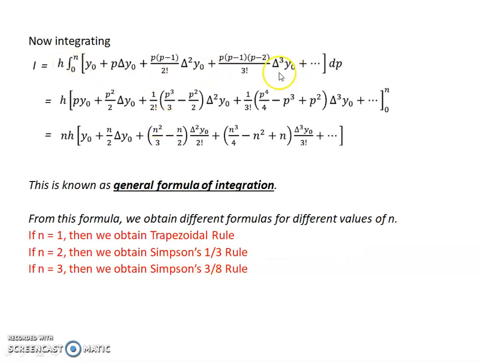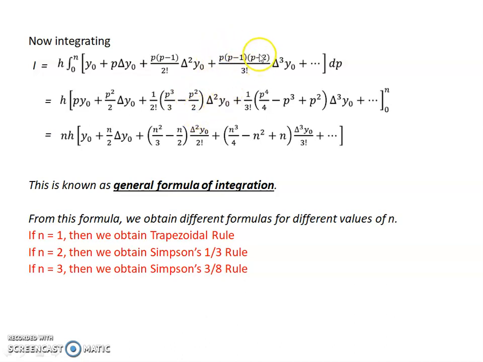Now integrating this with respect to p, here we have y0 as a constant, del y0 as a constant, del square y0 as a constant. So once we integrate this, y0 becomes y0 p. Similarly, integrating this, we have p square by 2 del y0. If we integrate the third term, we have 1 divided by factorial 2, p cube divided by 3 minus p square divided by 2, del square y0.